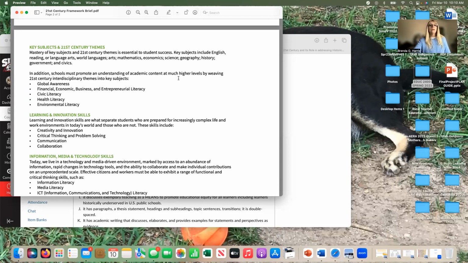knowledge-based economy. So some of those skills for the 21st century, which makes it different from the 20th, and the 19th and 18th and 17th century, well, you need to know about global awareness, for example.